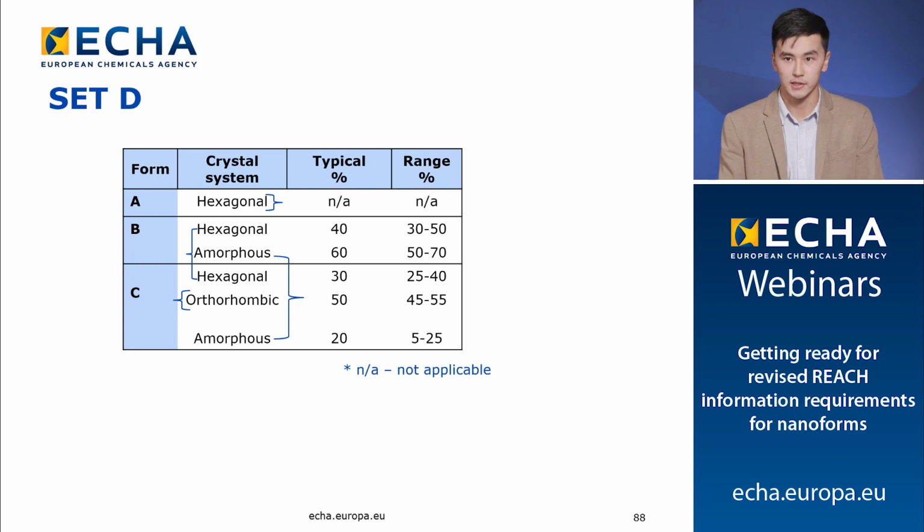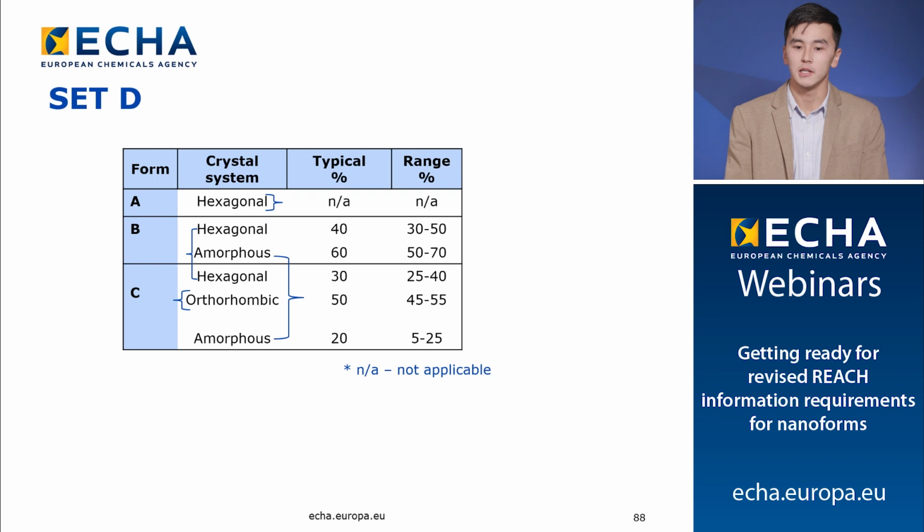Therefore, it will be reported as a separate entry. Hexagonal crystal system is also present in the form B and the form C. However, it will be reported separately from the hexagonal crystal system of the form A because form B and form C possess also other structures.